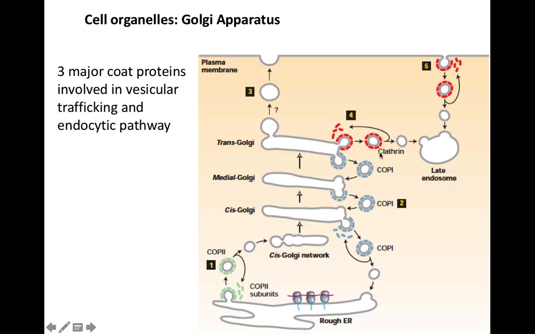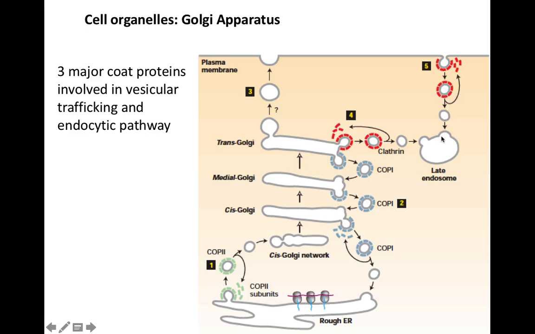Another type of protein is known as clathrin. When proteins move from the trans end either towards the plasma membrane or towards the endosomes, these vesicles are coated with clathrin. Clathrin also coats the pits on the plasma membrane. And when endocytosis takes place, the vesicle that results from endocytosis is coated with clathrin.